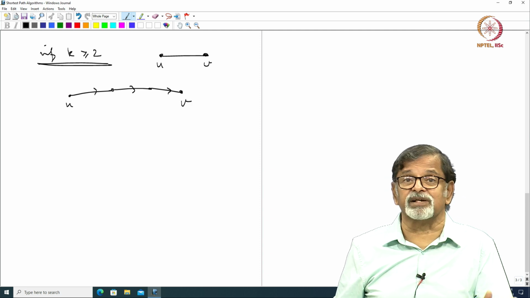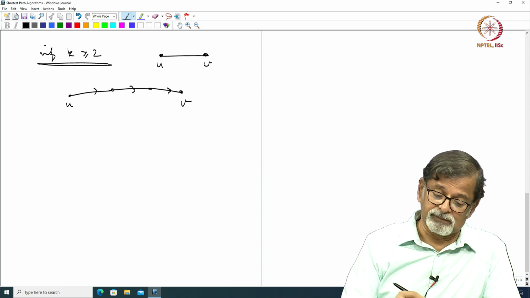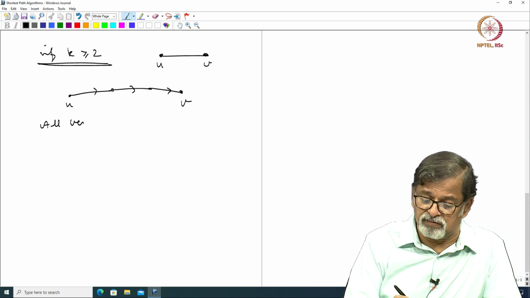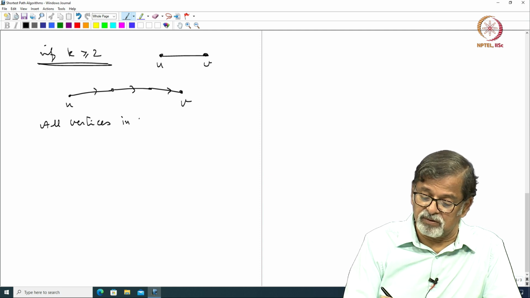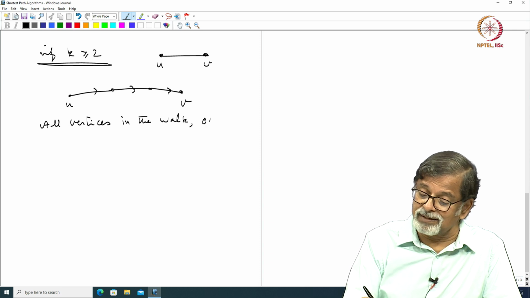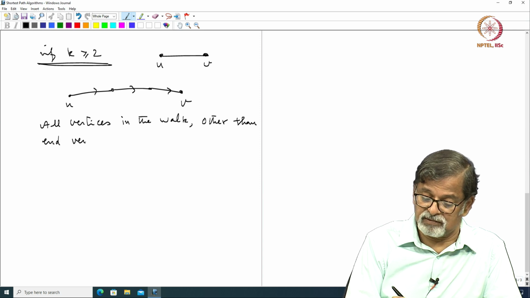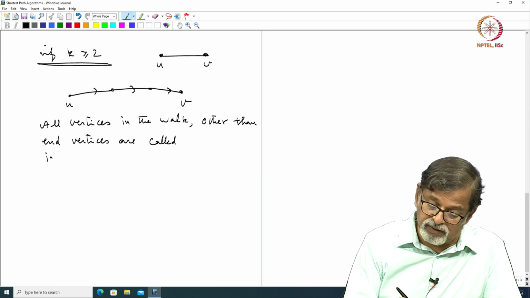So, if K is greater than 2, all vertices in the walk other than end vertices are called intermediate vertices.